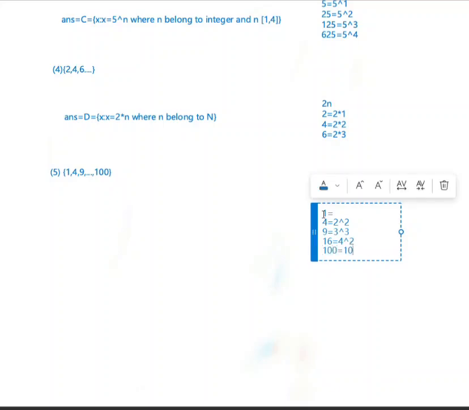So something like that, this is the pattern of this question. So 1 is also the square of 1. We can write it this way.